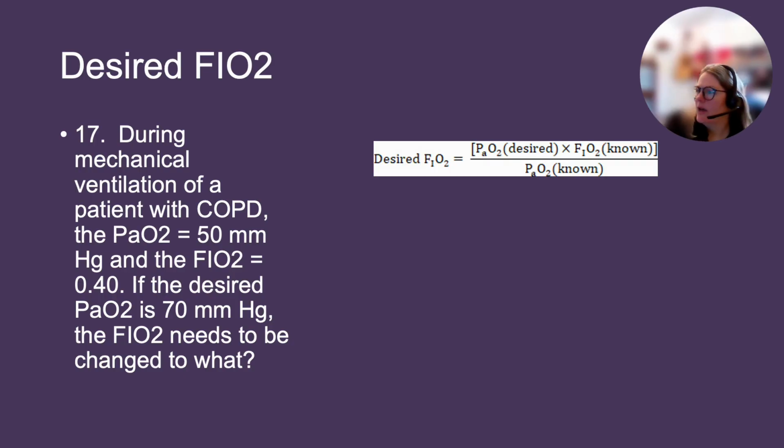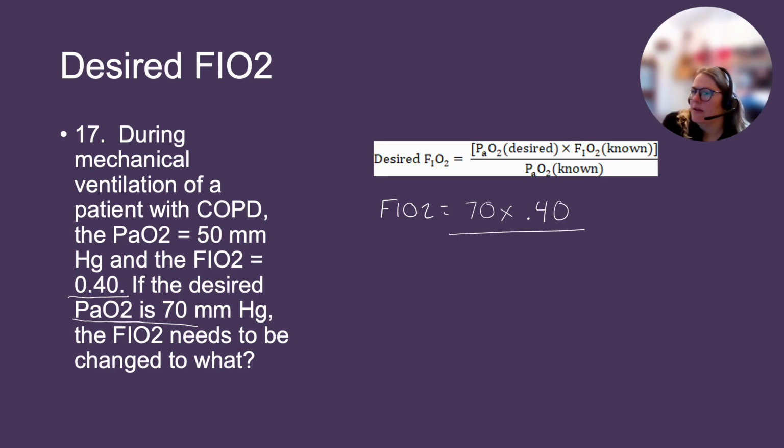So let's just go ahead and jump on in. Desired PaO2 we have right here, and that's 70. Multiply that by the known FiO2. We have this patient on 40%. Don't forget your decimal.